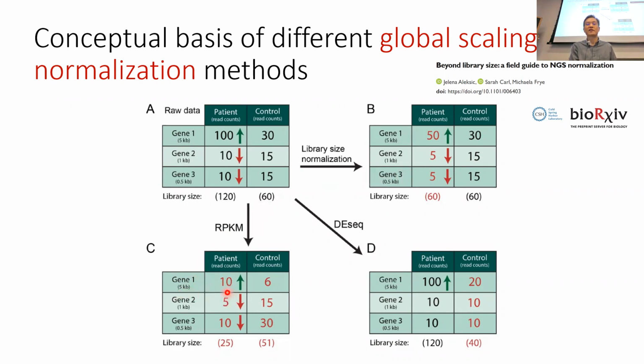In this way, after normalization, you can compare one gene with another because this becomes a density of the reads per gene. If you have a long gene, you have more reads in there. It's not fair to compare this gene's expression with another gene. So you divide by the length, giving the density of reads per gene, and then you can compare across genes. We don't do that in single cell study.